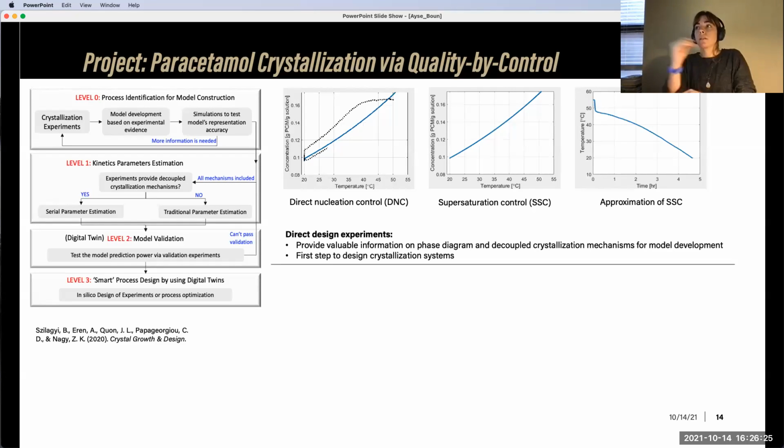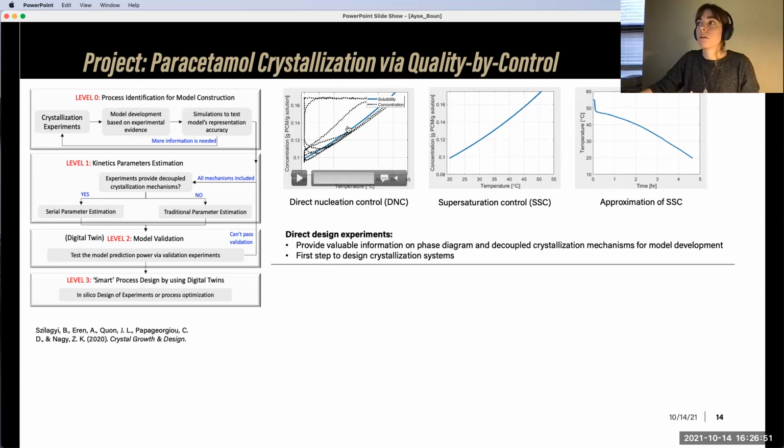So what's happening is I cool down the crystallizer, the crystallization happens, the crystal number increases a lot, and in the control loop, it tells me, oh, there are so many crystals, let's heat up the system to dissolve some of them. And it starts heating up the crystallizer, and some crystals dissolve and the number drops. It dropped too much, cool down again, and so on. So this is the cycling process.